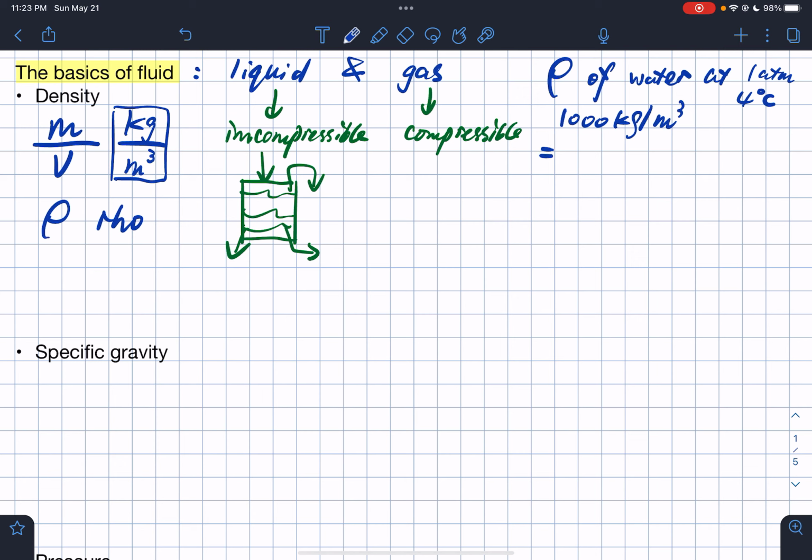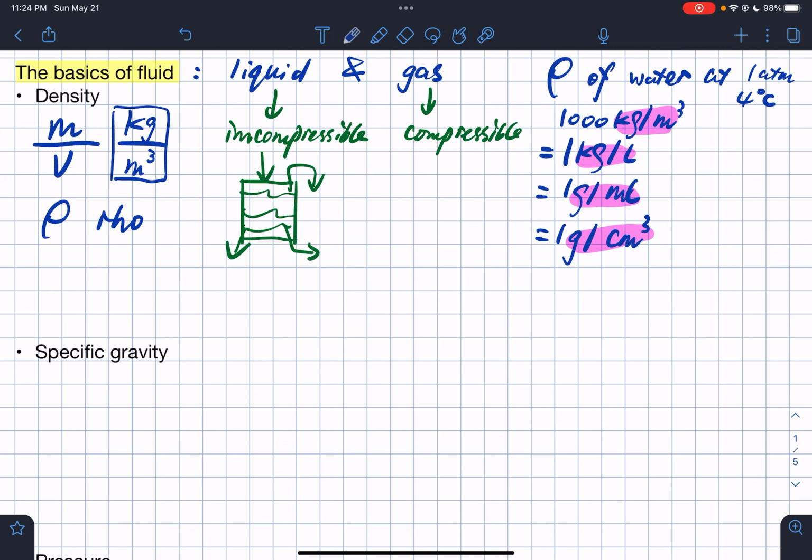And that equals 1 kilogram per liter, and that also equals 1 gram per milliliter, or 1 gram per centimeter cubed, right? So basically, these are different unit expressions that are describing the same thing, which is the density of water, right?